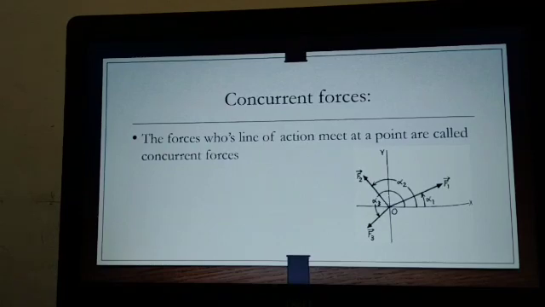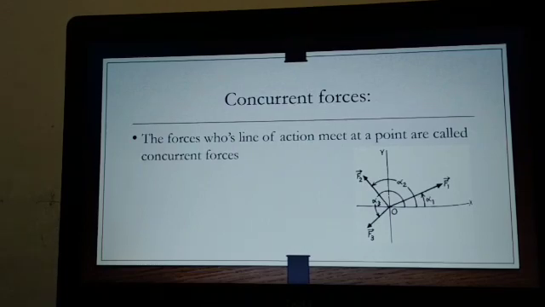Concurrent forces are the forces meeting at a point. In simple words, we can say different forces meeting at a point. So these forces are called concurrent forces. The major role of these concurrent forces is in practical situations. In a practical lab, you are going to do an experiment called the parallelogram law of vectors. In that, you make use of this concept of concurrent forces.